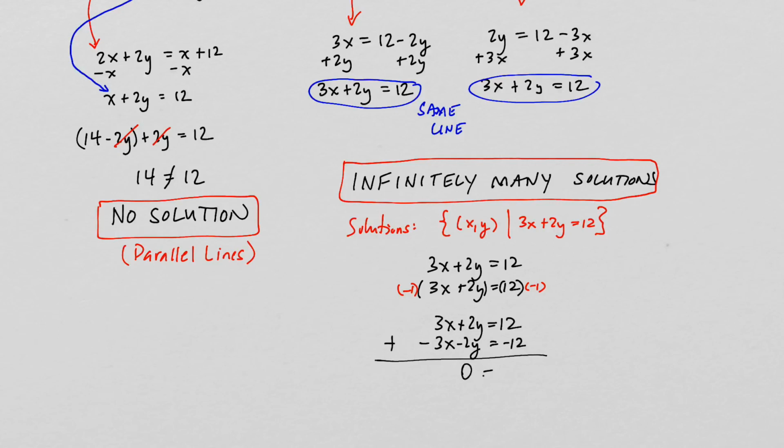And if you add those together, you end up getting 0 equals 0. And so another way that you can sometimes recognize when you have infinitely many solutions is when you end up with a true statement like 0 equals 0, or you might have something like 5 equals 5, etc.